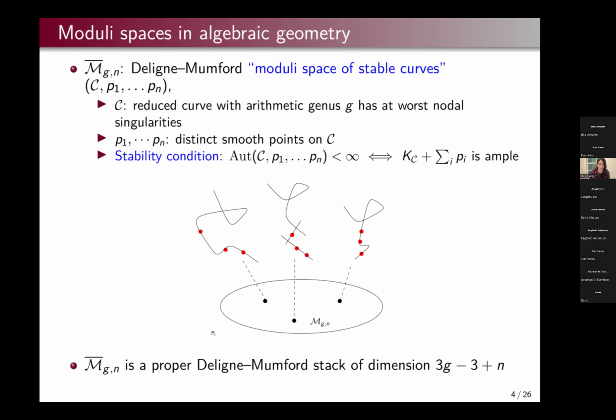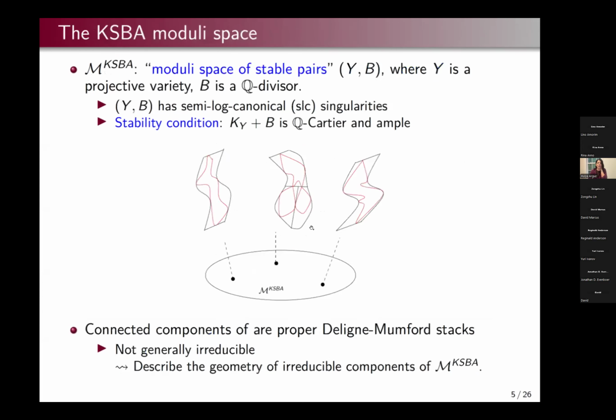Okay, so it is known that this Deligne-Mumford moduli space is a proper Deligne-Mumford stack, and you can calculate its dimension. And a straightforward generalization which satisfies analogous nice properties is defined by Kollár, Shepherd-Barron and Alexeev, known as the KSBA moduli space or the moduli space of stable pairs.